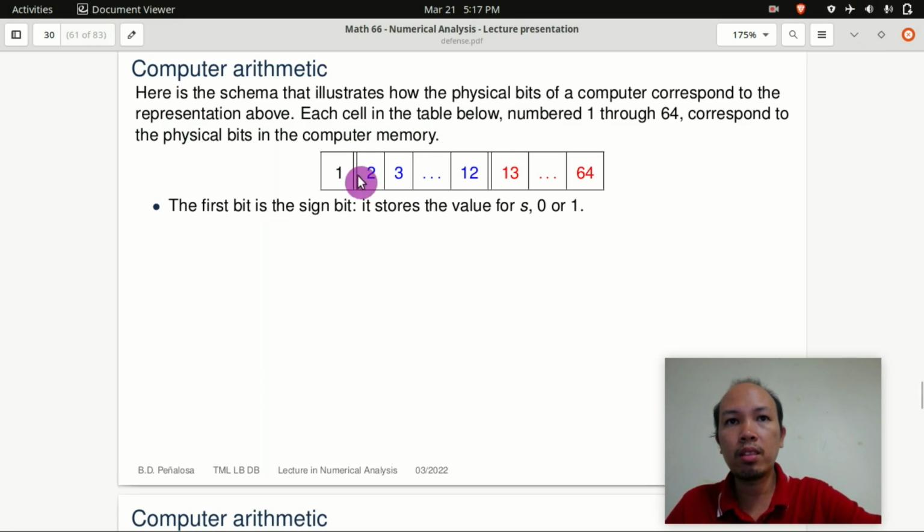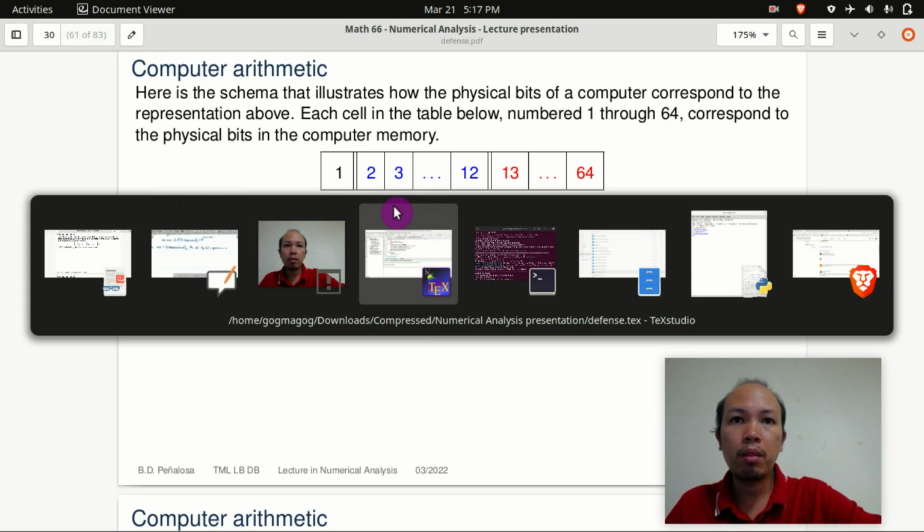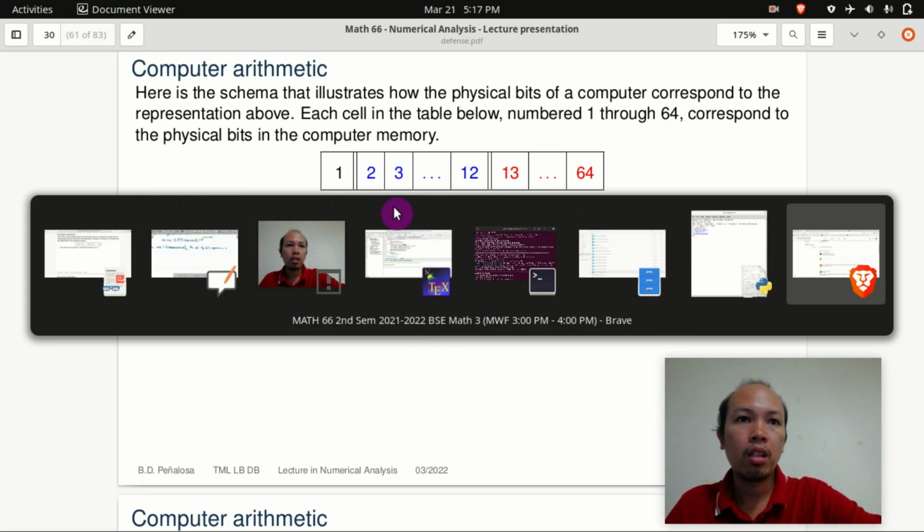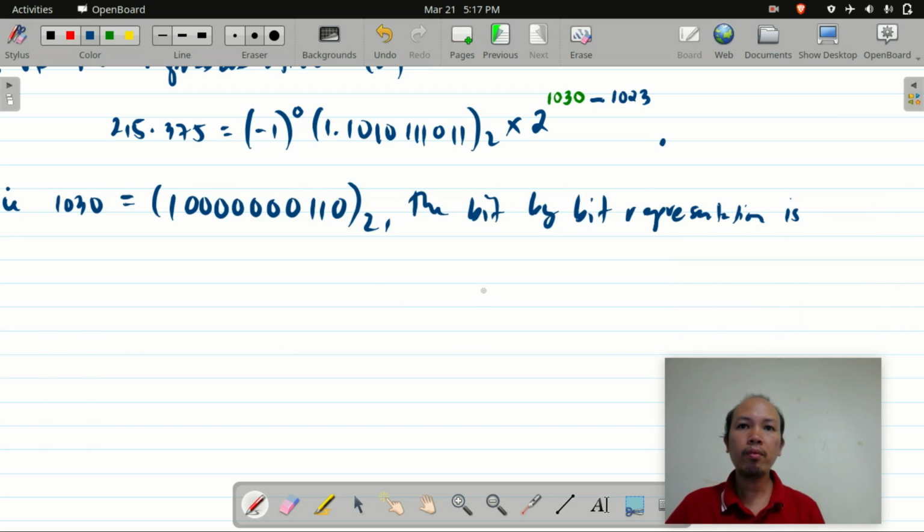For the first box, we will put 0, since it is positive. Okay, so let's create a box here. Let's have this color red, this one here, red one. Let's create a box.